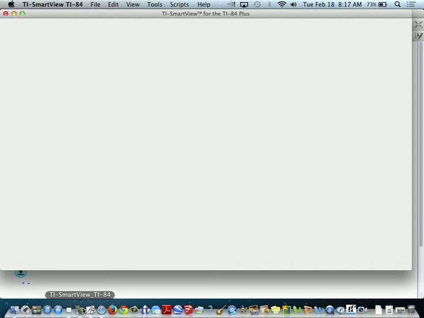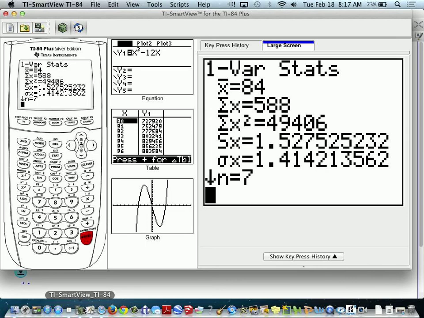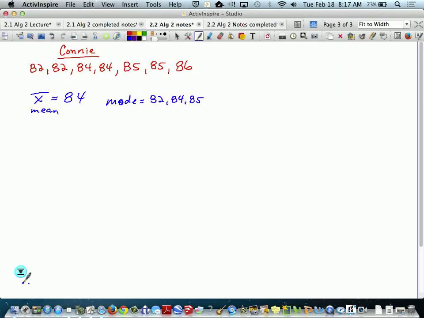Next is a median. Now, what's the median in my list? 1, 2, 3 from the left, 1, 2, 3 from the right. There's the median, right?